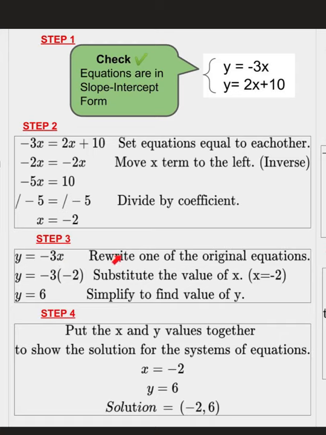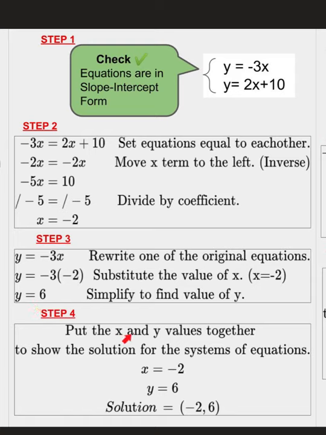Now, you're going to rewrite one of the original equations, and I decided to use y equals negative 3x because that's a shorter one. Then you will substitute the value of x, which is x equals negative 2, which we previously solved for, into the equation. So y equals negative 3 times negative 2, and when you multiply that, the y value is equal to 6.